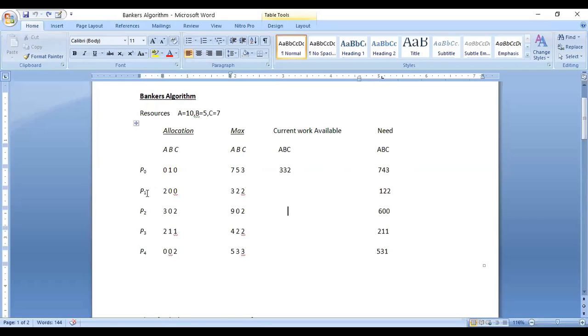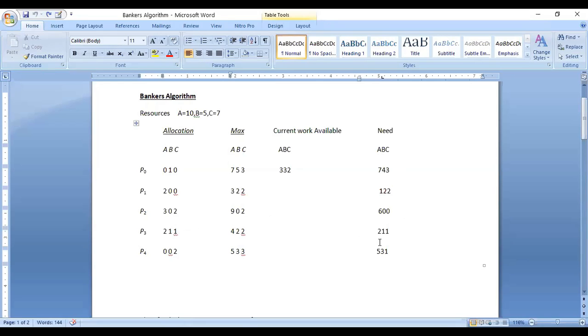And what is the need for process P1? 3 minus 2, 1, 2 minus 0, 2, 2 minus 0, 2. And P2: 9 minus 3, 6, 0 minus 0, 0, 2 minus 2, 0. So for P2 the need is 6, 0, 0. And P3: 4 minus 2, 2, 2 minus 1, 1, 2 minus 1, 1.